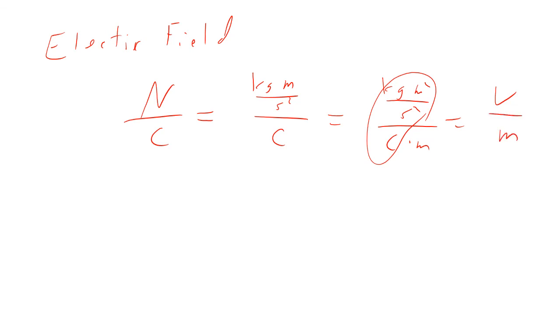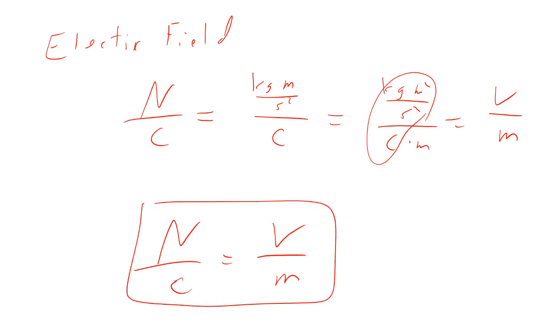So that means a newton per coulomb is a volt per meter. Now, we've been using newton per coulomb as electric field units, but starting in chapter 24, your book switches to volt per meter for electric field units. And a volt per meter is actually exactly the same thing as a newton per coulomb. So again, just keeping track of your units helps an awful lot.